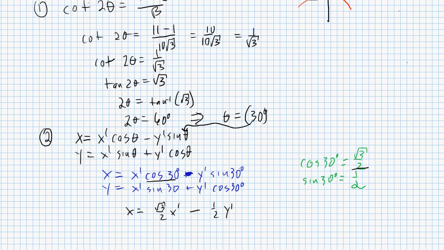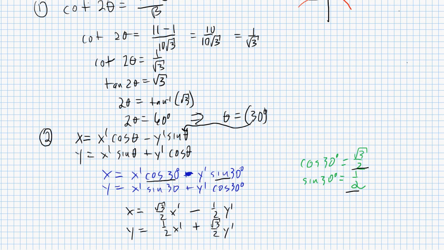See what I did? I just put the sine of 30, which is 1/2, into the sine of 30 part here. y is equal to 1/2 x prime plus rad 3 over 2 y prime. Again, I put sine of 30 here, cosine of 30 here.